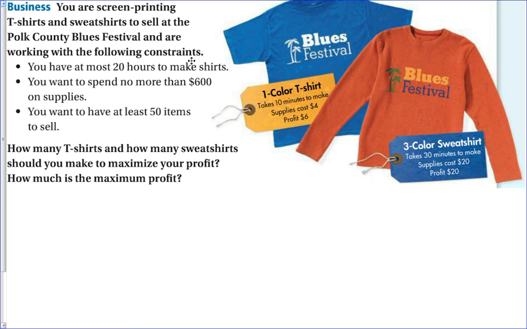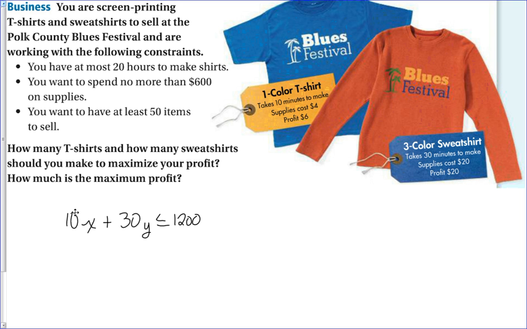So 10 for t-shirt, 30 for sweatshirt, and we know that we have no more than 20 hours, so it's less than or equal to 20 hours. Convert that to minutes: 20 times 60 is 1,200 minutes. So this is our first constraint.